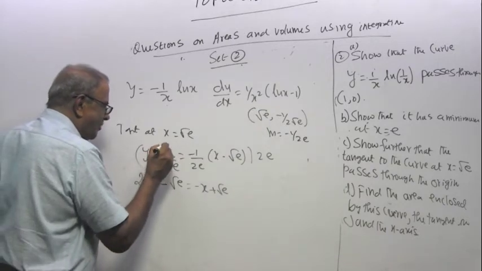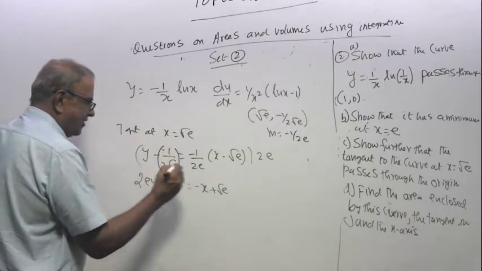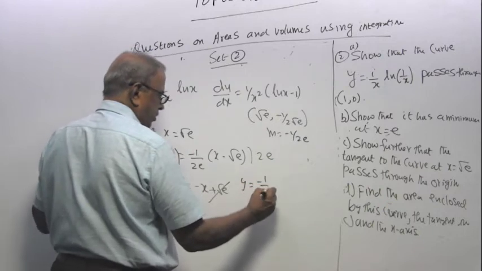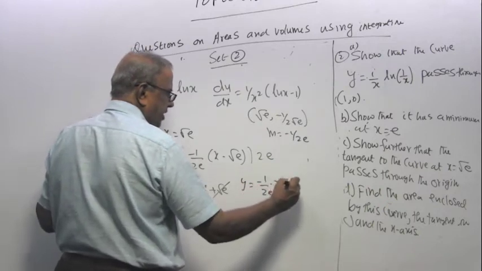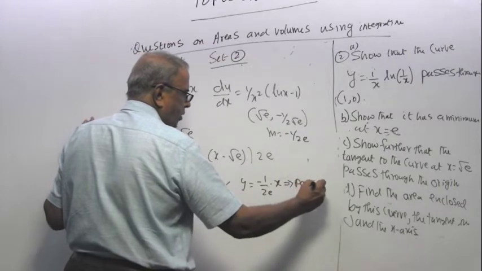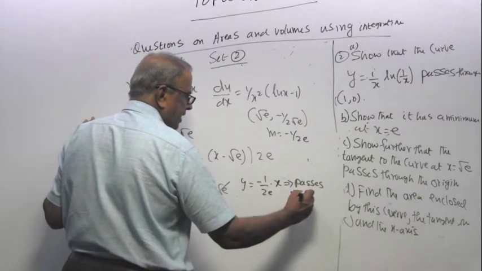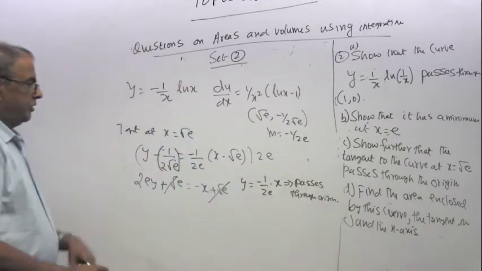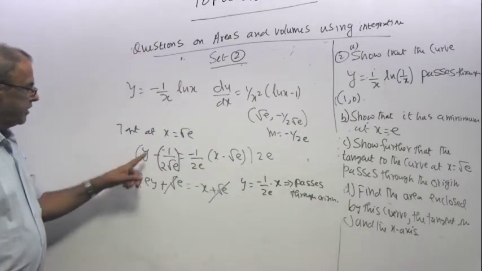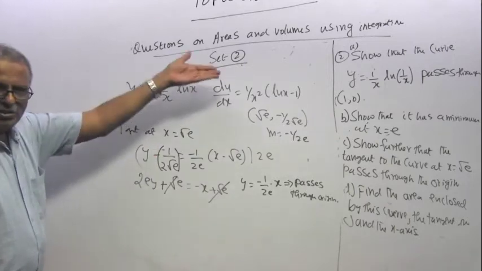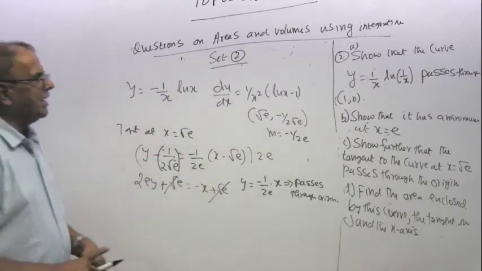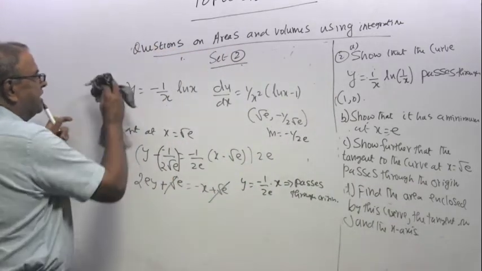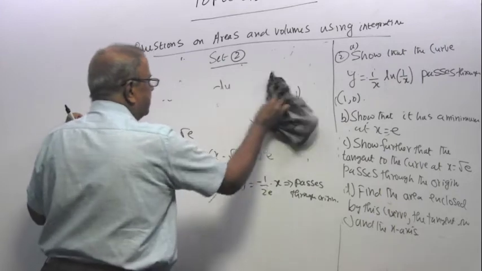There. That's it. Now that goes. So y equal to minus 1 over 2e times x passes through the origin. One small mistake. I was wondering where I went wrong. You have shown that it passes through the origin, because I forgot the y minus y1. Okay.